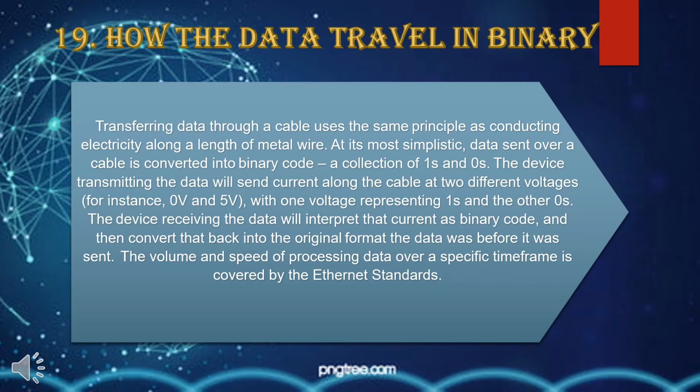The device transmitting the data will send current along the cable at 2 different voltages, for instance 0 volts and 5 volts, with one voltage representing 1 and the other zero. The device receiving the data will interpret that current as binary code and then convert that back into the original format the data was in before it was sent.